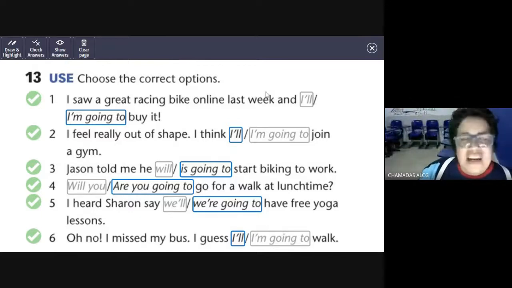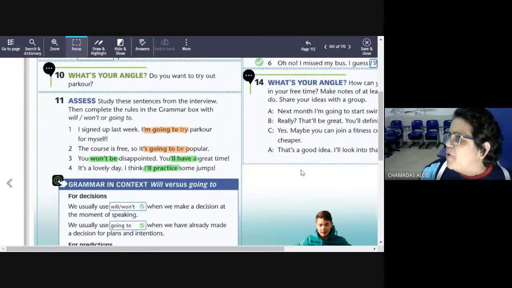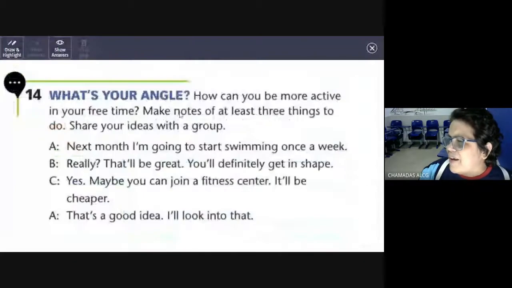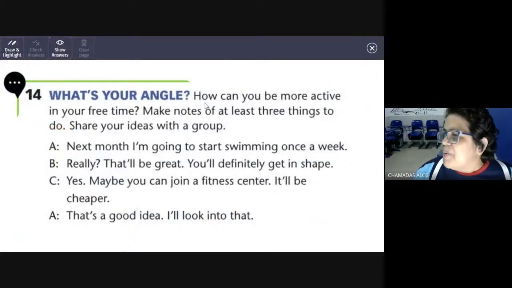Yes, did you get everything correct? Okay, good. All right, people. So here, we don't need to worry a lot about this. We are just discussing quickly. Here they suggest, how can you be more active in your free time? Make notes of at least 3 things to do. So here we have some examples, okay?